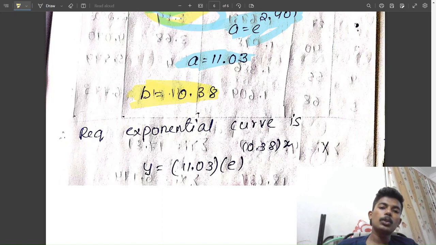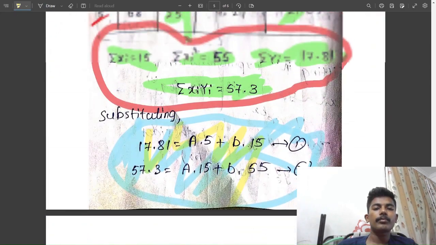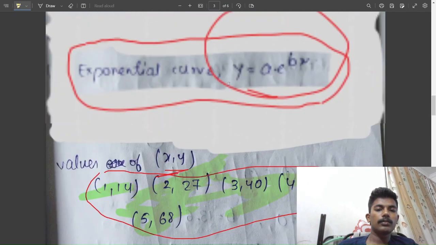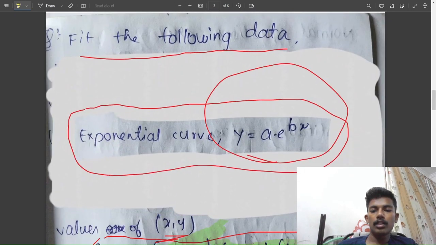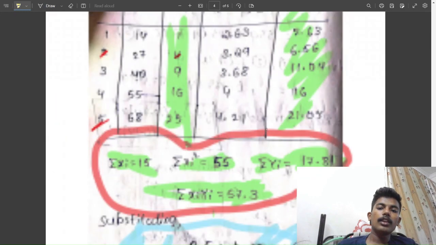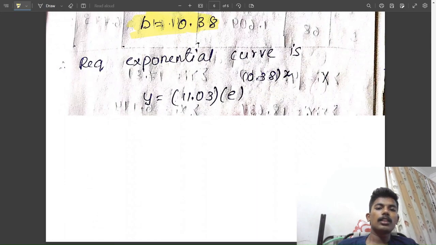So hence by substituting the values of a and b in the given exponential curve, that is in this curve y is equal to a into e power bx, by substituting a and b values in this curve, we get the exponential curve.